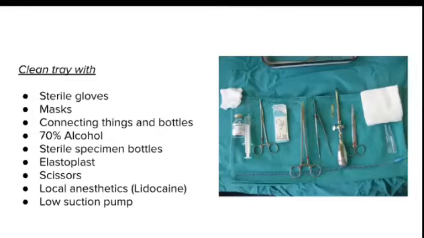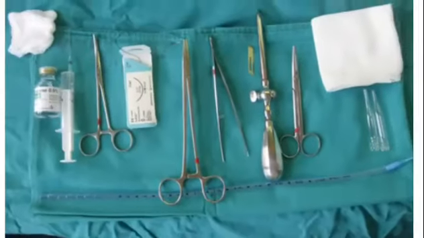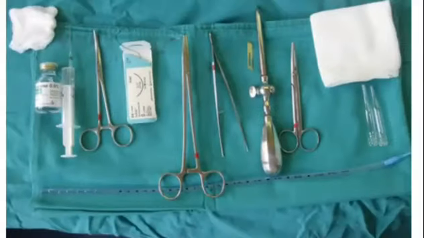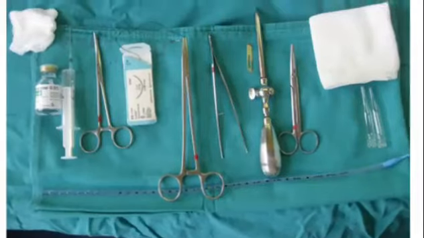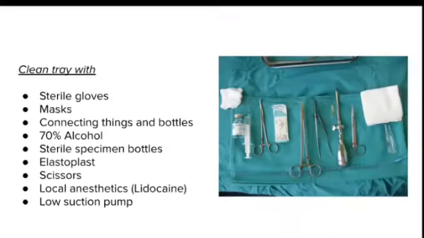These are some of the other articles we discussed in the previous slides: lidocaine, syringe, gauze, Mersilk, artery clamp. These are all the basic equipments we need for the intercostal drainage system.